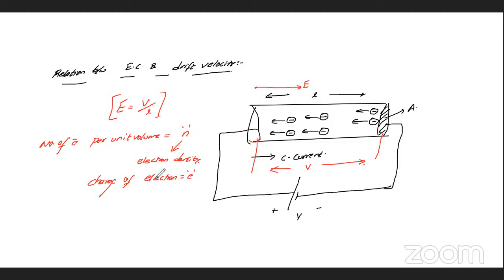So we have the number of electrons and the charge of the electrons. Now, for the number of electrons traveling in the conductor, I'll take capital N. Small n is the number of electrons per unit volume, so capital N is small n into the volume of the conductor.